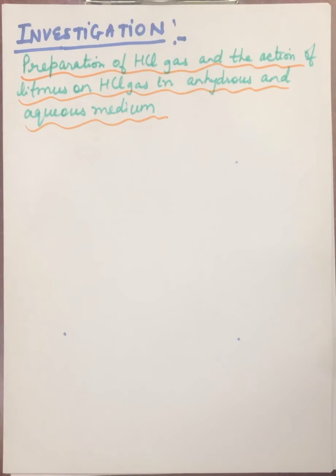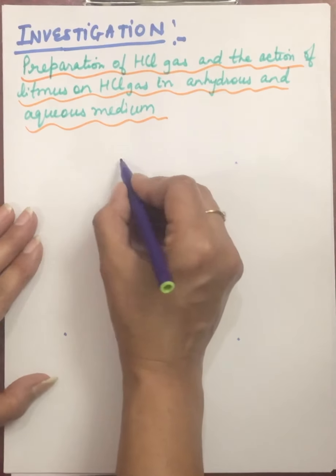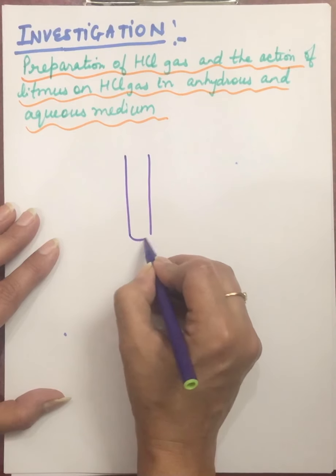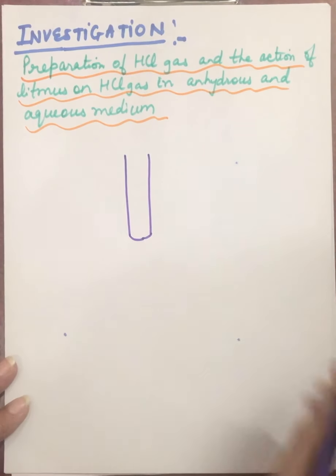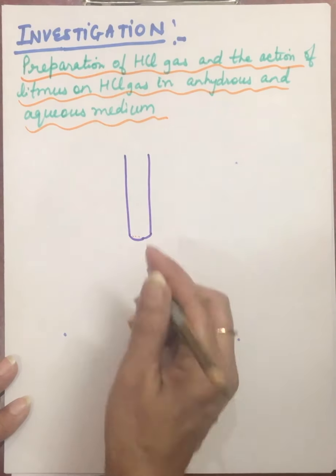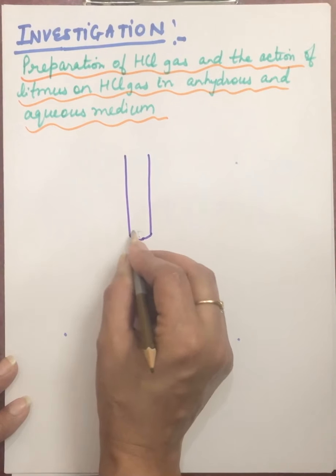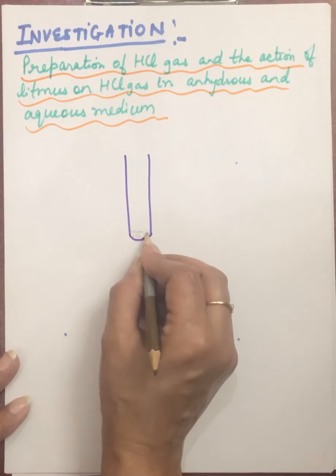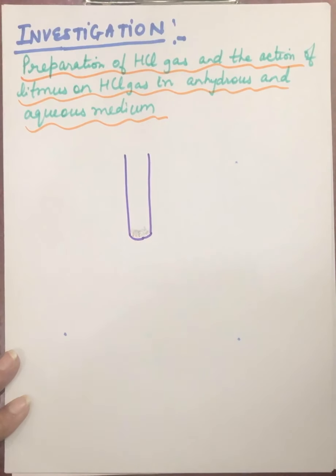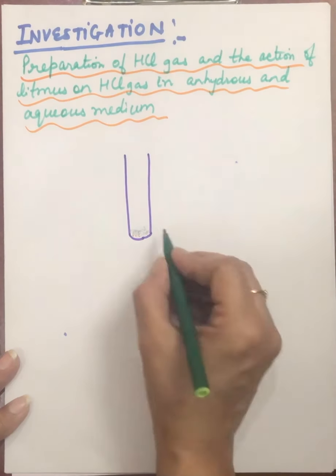Prepare HCl gas first of all, and then check the action of this HCl gas in anhydrous and in aqueous medium. For this we are taking a test tube. In this test tube we are taking NaCl. It's a white color salt. Approximately 1 gram of NaCl, sodium chloride, we are taking here.